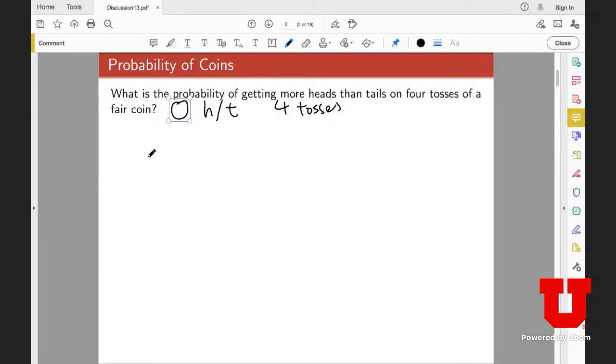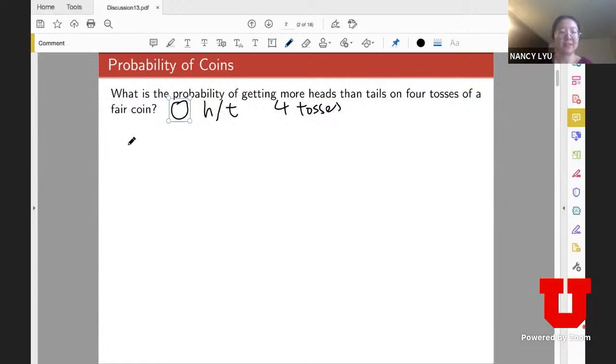So 3 heads or 4 heads. Sorry, is it 3 heads or 4 heads? Yeah. So we can have 3 heads or 4 heads. And these are the 2 cases.